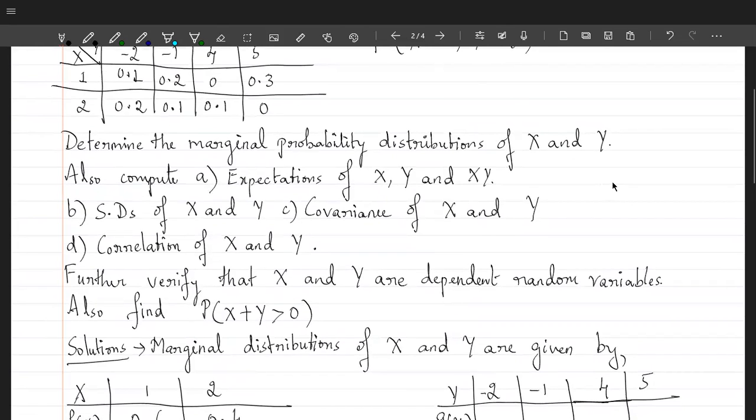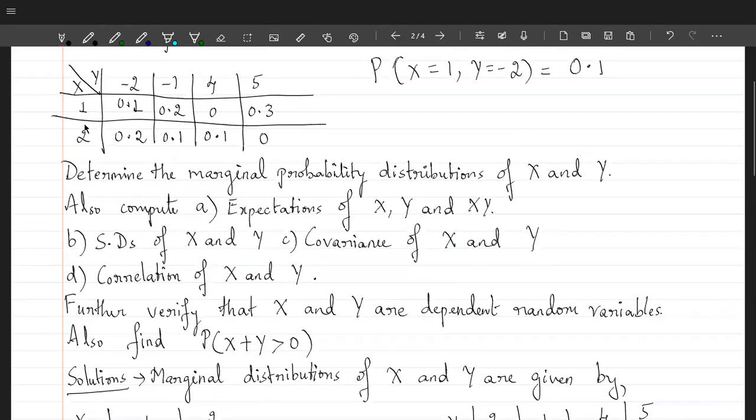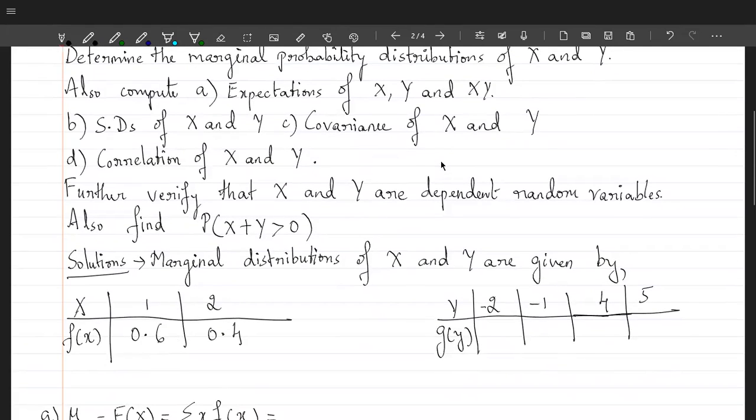When y is equal to -2, x can take 2 different values. It can take the value 1 or it can take the value 2. So if you want to calculate the probability that y takes the value -2, that probability will be 0.1 plus 0.2, because this column belongs to y taking the value -2. So 0.1 plus 0.2, the first value here will be 0.3.